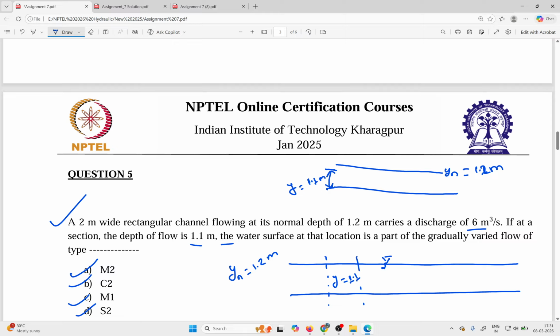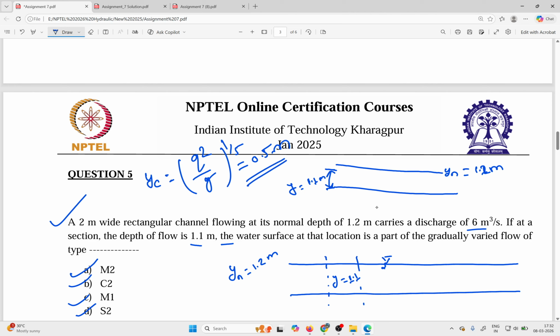So what will you do? For this we need to calculate the critical depth, (q square by g) to the power 1 by 3. Let us suppose the critical depth is coming around 0.5, just suppose.